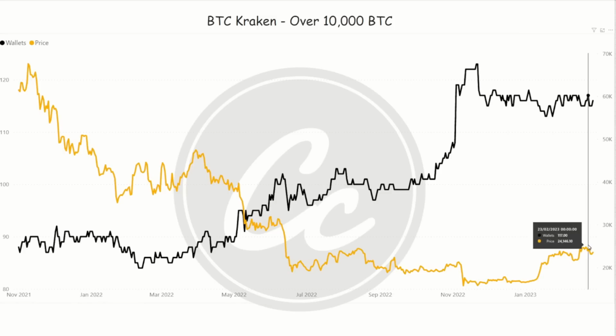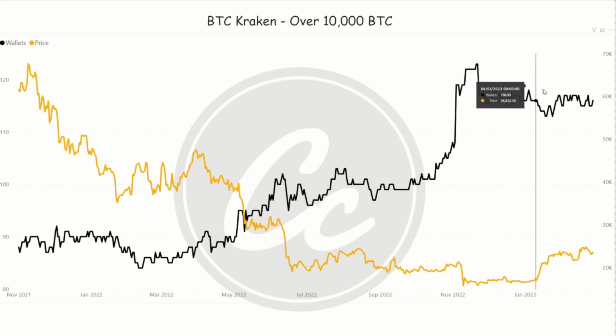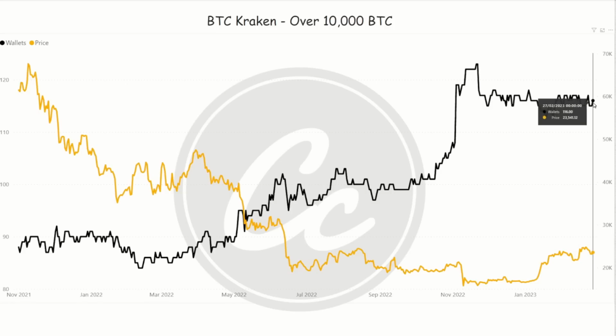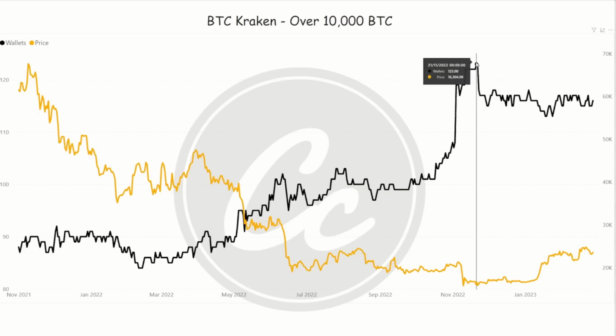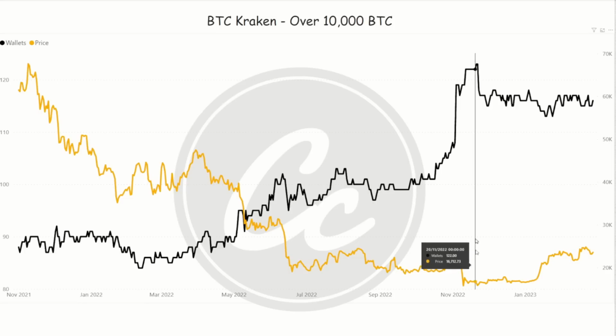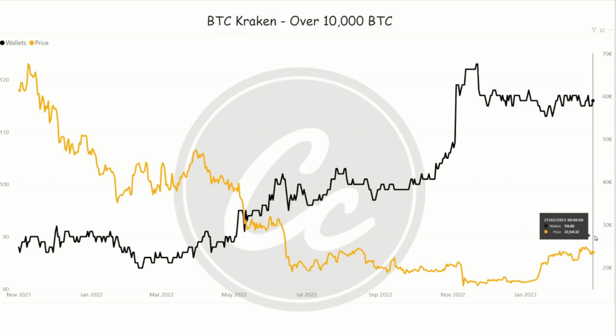Okay, so as prices come up, we can acknowledge that actually we're significantly lower than where we were previously. There were 117 wallets that had over 10,000 Bitcoin in them, and right now we are only rocking 116, right? Actually, it's 123 and we're 116 now. So bearing in mind that we were higher in late November after the FTX crash, and now we are lower, even though price has been moving up.